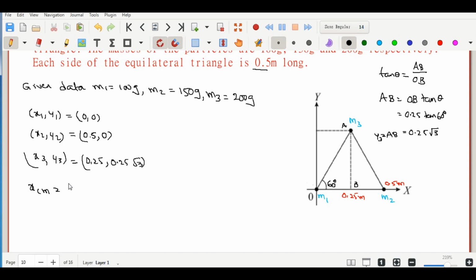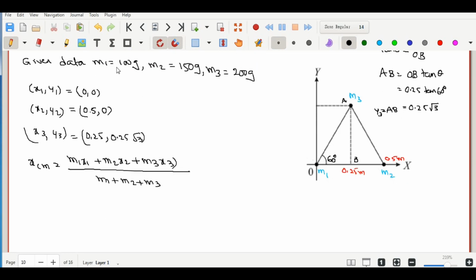Now the formula: xcm, the center of mass of the particles with respect to the x-axis, is m1 x1 plus m2 x2 plus m3 x3 divided by m1 plus m2 plus m3.